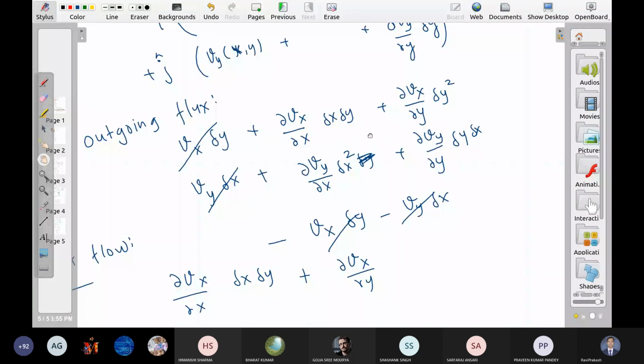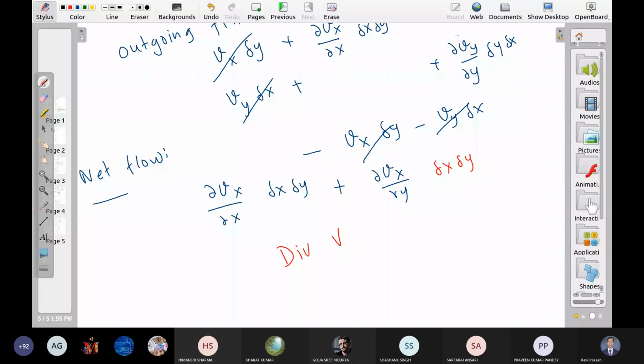Remove this term and remove this term also. And what we are left with is delta x, delta y. Or I can write this thing as divergence of B into delta x, delta y.